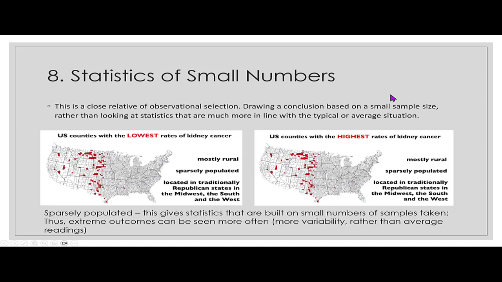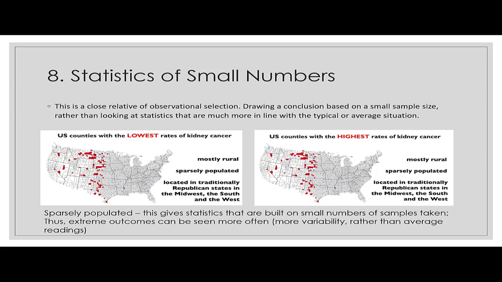You also have to be careful of statistics when they're used to describe small numbers or examples. This is actually a close relative of observational selection. So this involves drawing conclusions based on very small sample size rather than looking at statistics that are much more in line with a typical or an average situation.